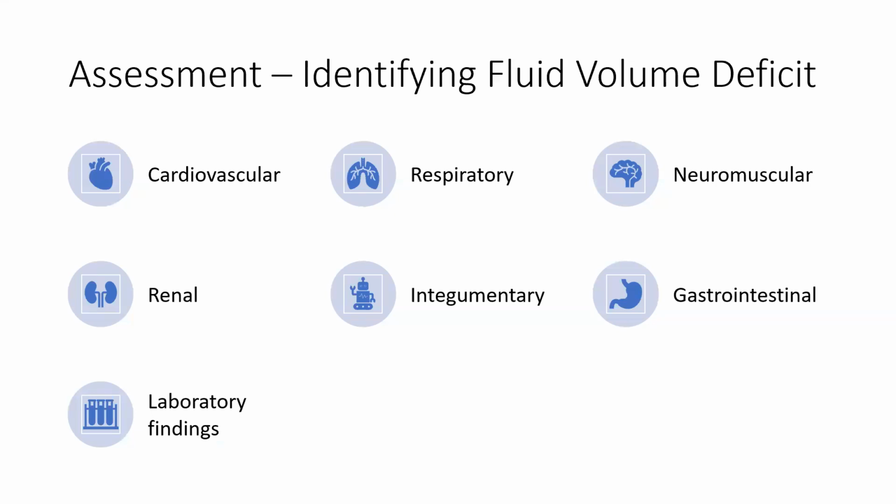So, how do we identify fluid volume deficit? We're going to look at each area to say, okay, what are we going to look for as nurses? What are nurses assessing for? When you're looking at the cardiovascular system, the patient will have a thready and increased pulse rate.